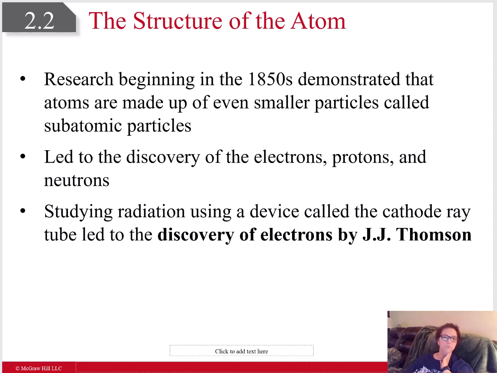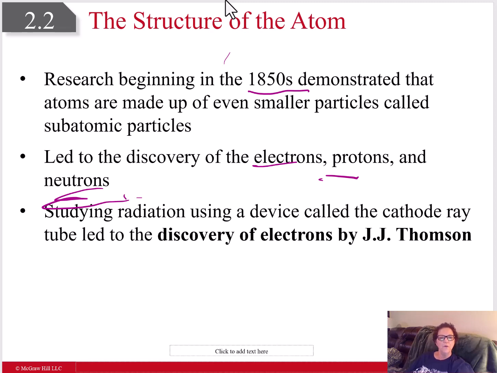Okay, so in the early 1850s, there were a lot of scientists that were looking at the particles. They were trying to decide, is matter made up of particles or waves like light, or what exactly is going on? And so all of this led to the discovery of electrons, protons, and neutrons in the late 1800s.